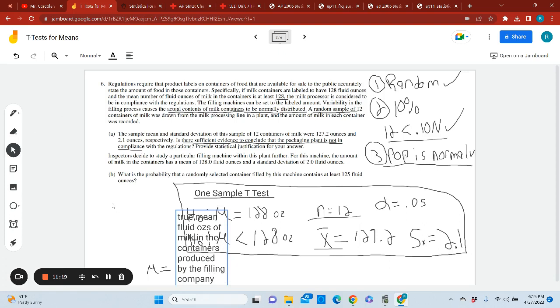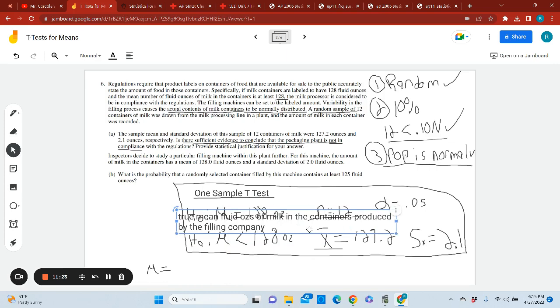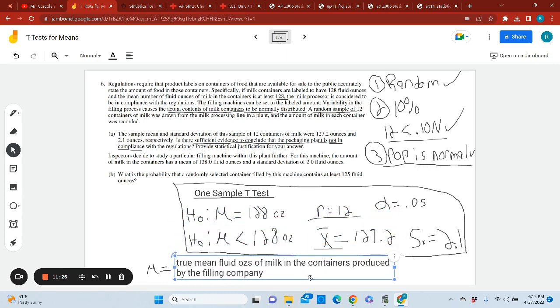Okay, that's what we are trying to run this test on. All right, we're trying to see if we're in compliance, right? Is the true mean equal to 128 like it's supposed to be, right? Because they say at least 128. Or is it less than 128 and we're out of compliance? That's what they're asking us to do.